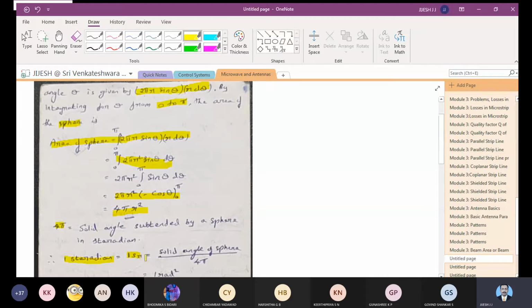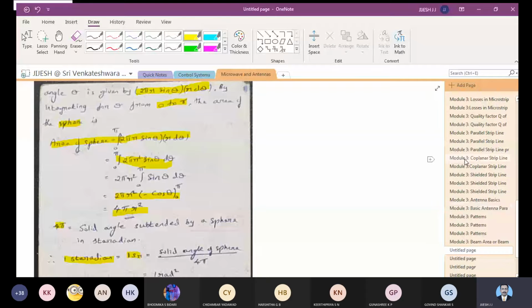Note down these equations. So the area of the sphere is well known to you. It is 4 pi r square. So you'll be getting 1 radian square, and 1 radian is 180 by pi, squared.